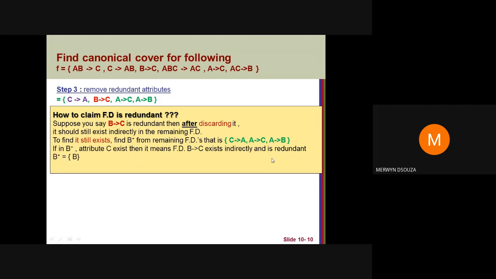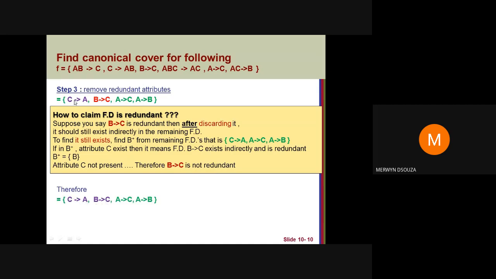In the B closure, you get B only, you don't get C. So B determines C is not redundant. Therefore, we cannot discard it.